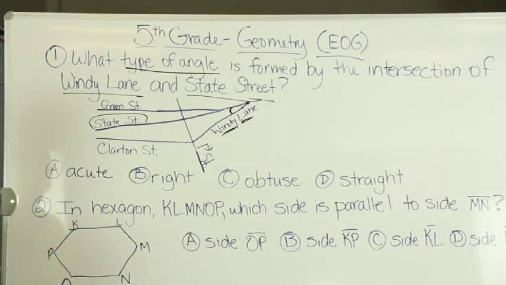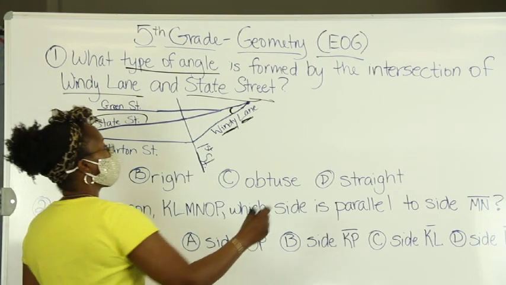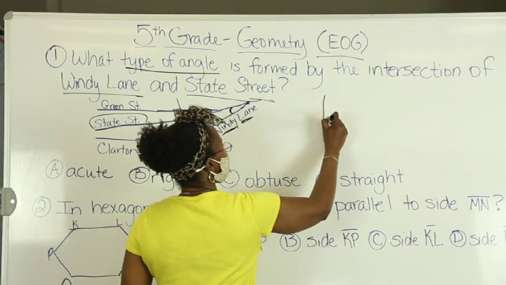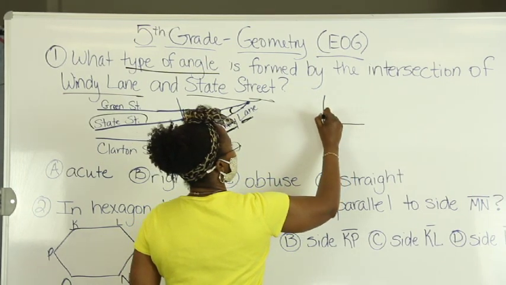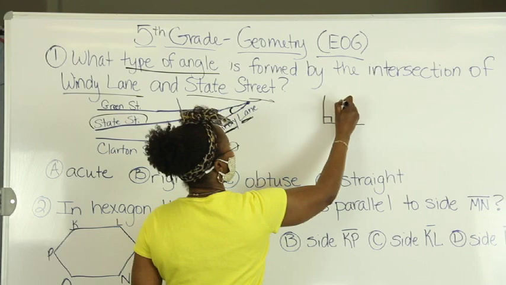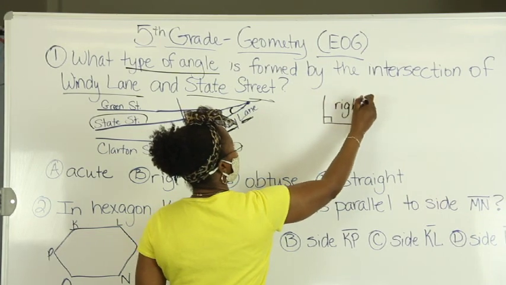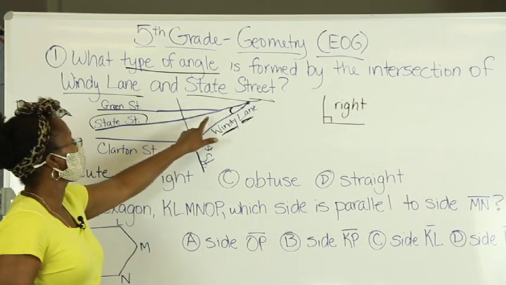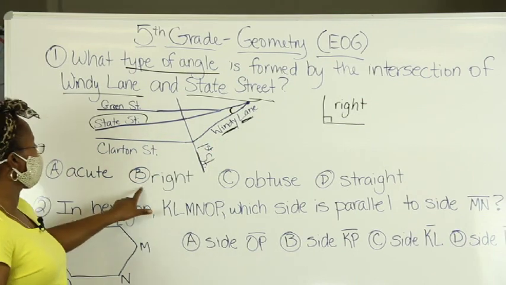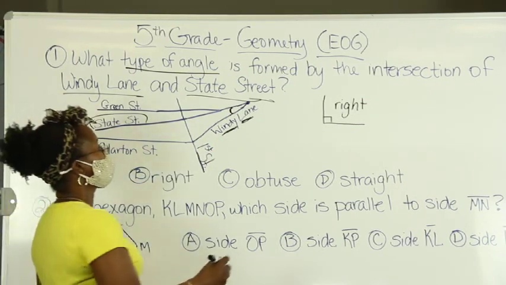So the first angle they have here is an acute angle. And an acute angle is less than 90 degrees. So this is a 90-degree angle. And it's also called a right angle. And you have to decide if that angle is a right angle, because that's B, or is it less?